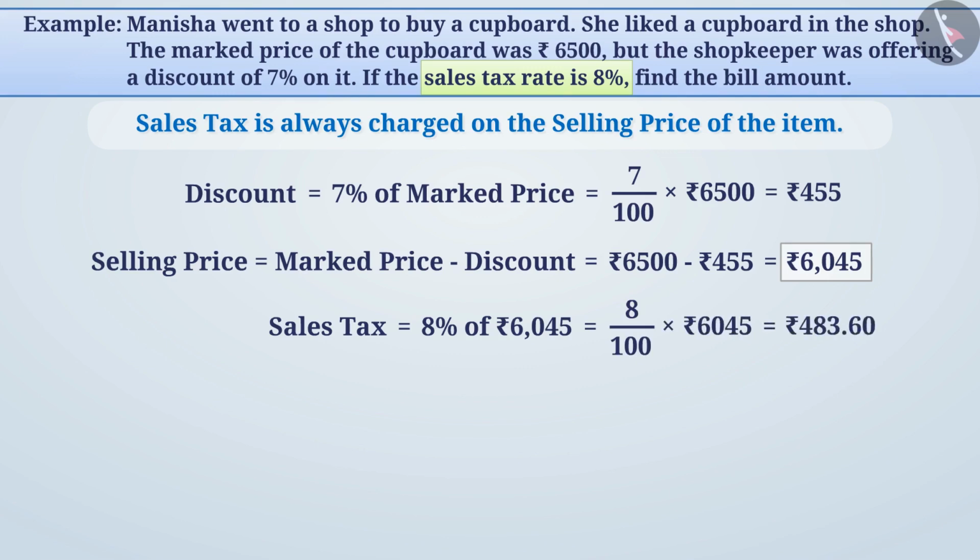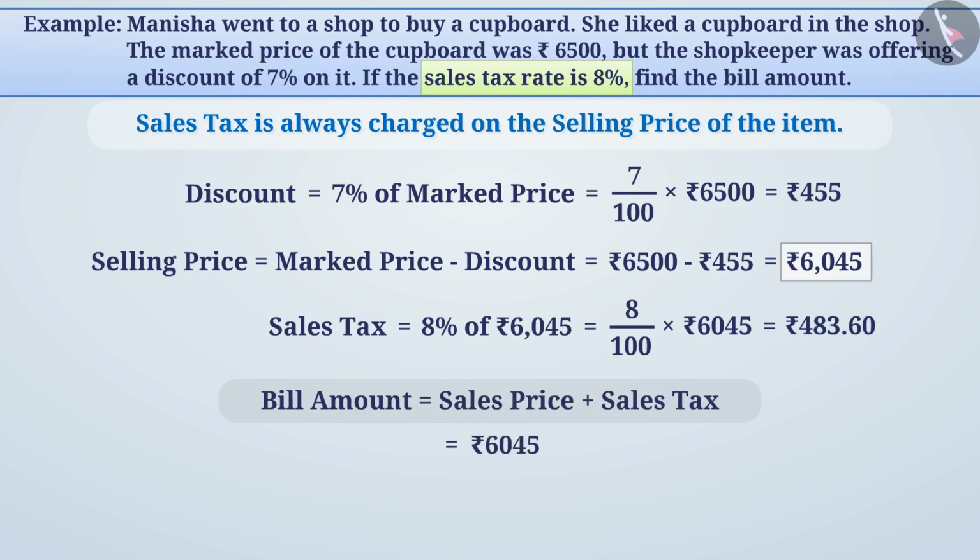In this way, the bill amount is equal to selling price plus sales tax, is equal to 6,045 rupees plus 483.60 rupees, is equal to 6,528.60 rupees. So, to buy a cupboard, Manisha will have to pay 6,528.60 rupees.